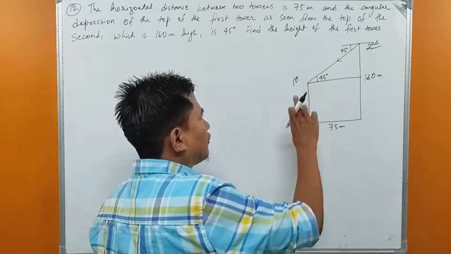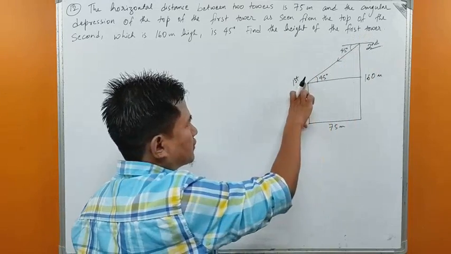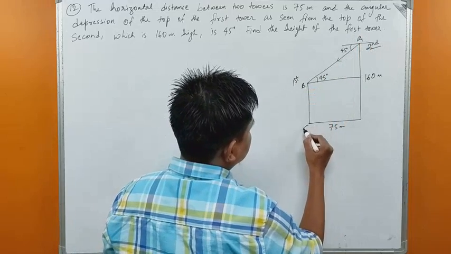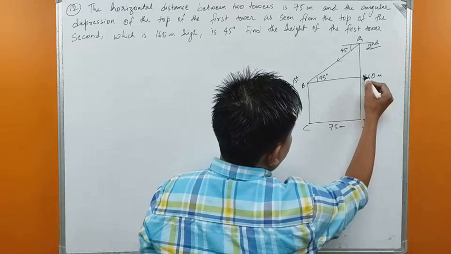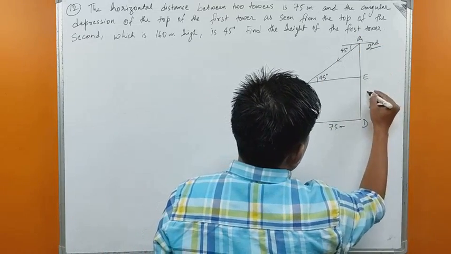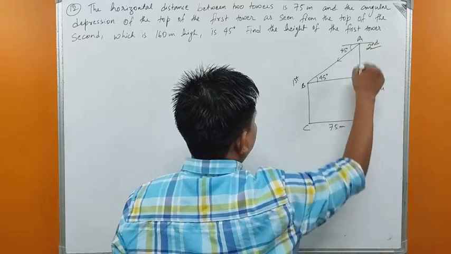We are asked to find the height of the first tower. Let us name this A, B, C, D, and this is E. The total height of the second tower is 160 meters.